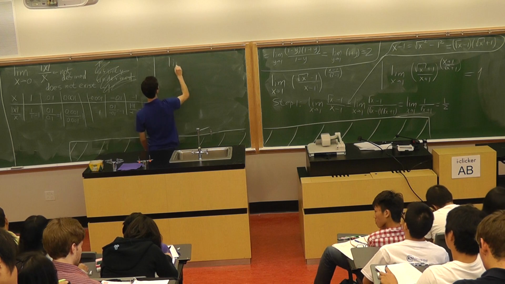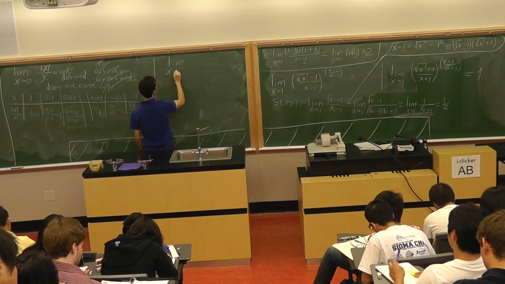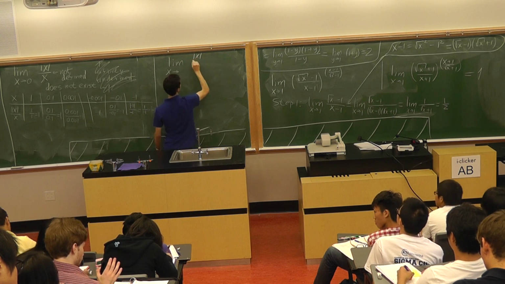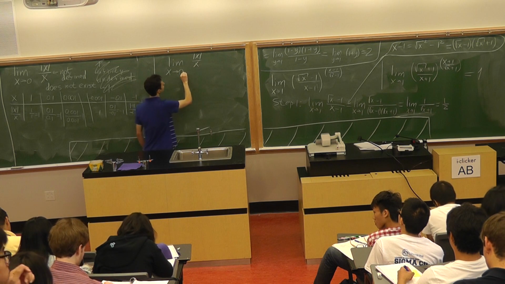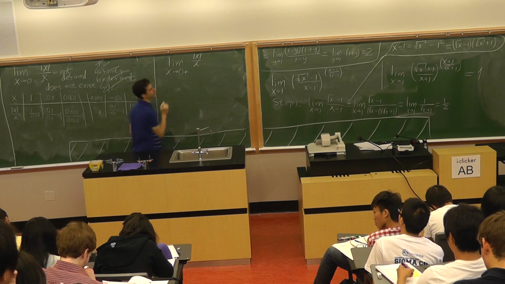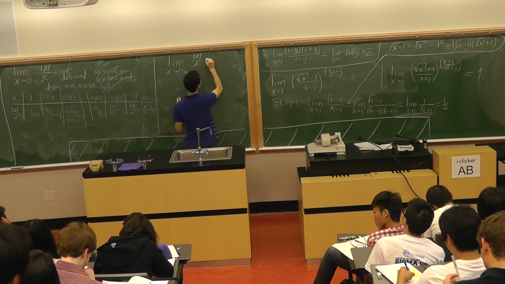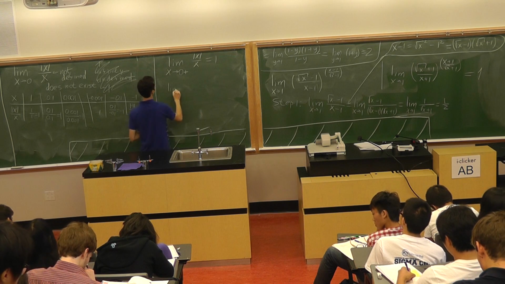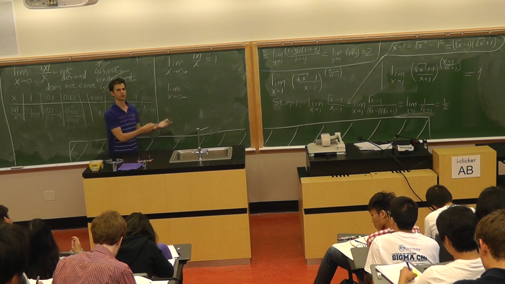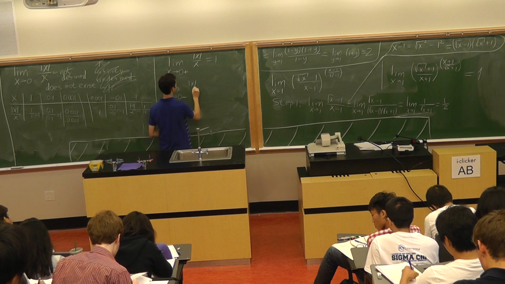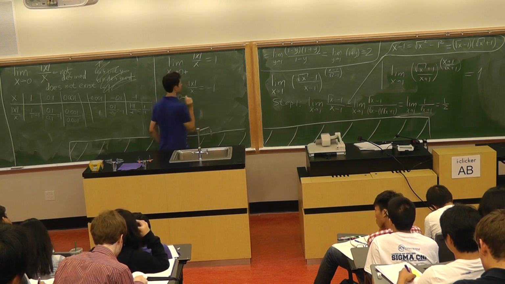We say that the limit of the absolute value of x over x as x tends to 0 from the positive side, from the right, is 1, and the limit as x tends to 0 from the negative side is minus 1.